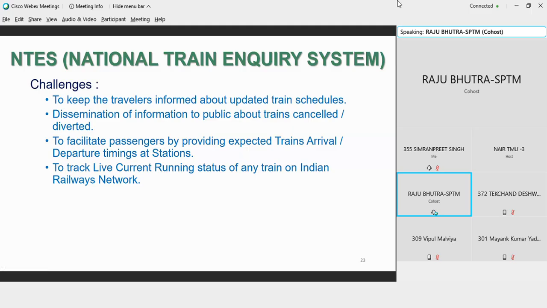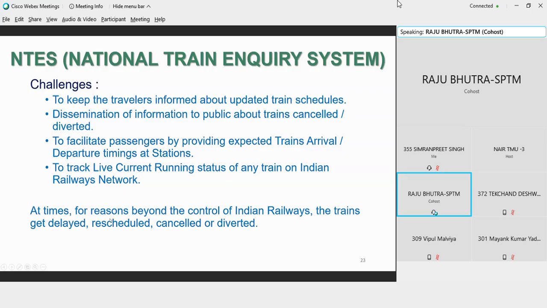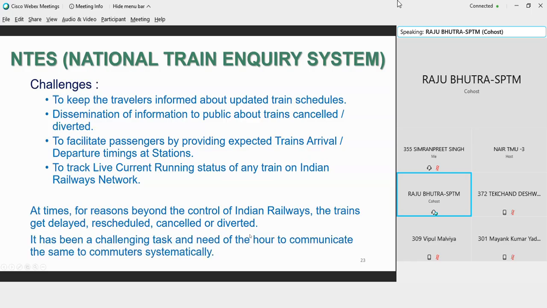To track the live current running status of any train on the Indian Railways network. How the train is running is also very important for the passenger. To provide live current running status of any train to the passengers is also a challenge. At times, for reasons beyond the control of Indian Railways, trains get delayed, rescheduled, cancelled, or diverted.